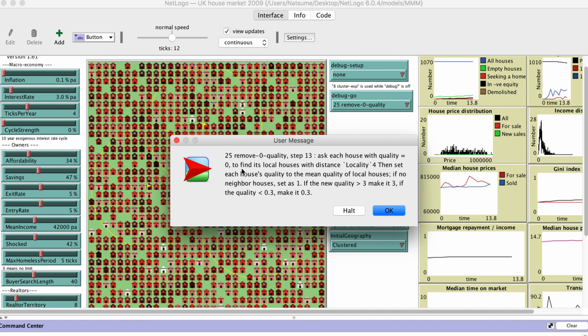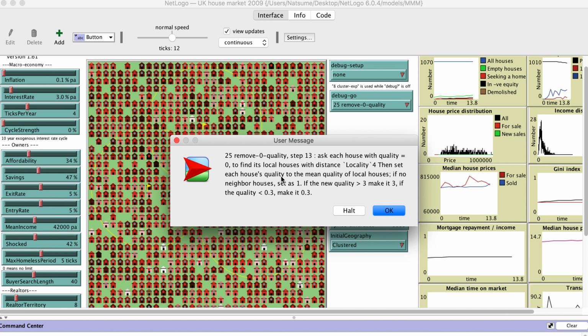How to do that? We can look around for its neighbors. So we find the house with 0 quality, find its local houses. How do we define local? That is within a radius of 4 units. Okay, the distance for the radius is 4 units.